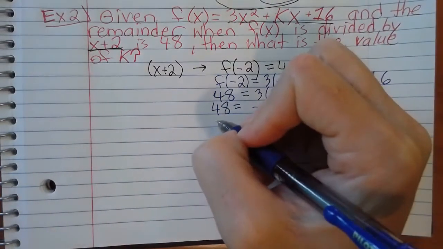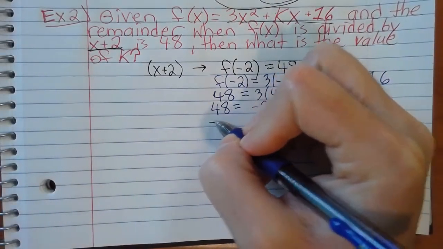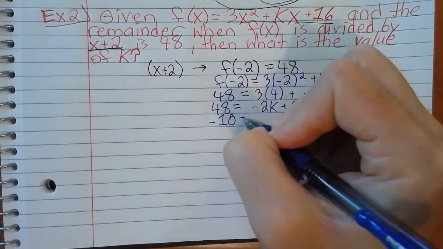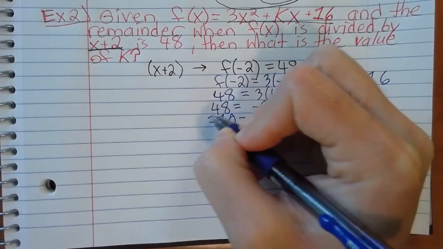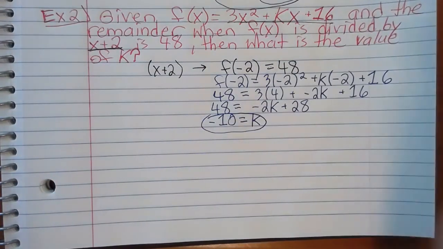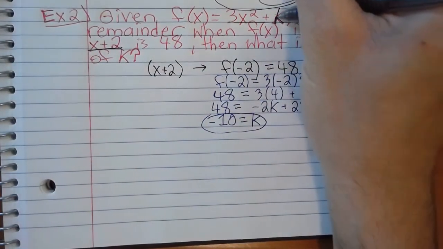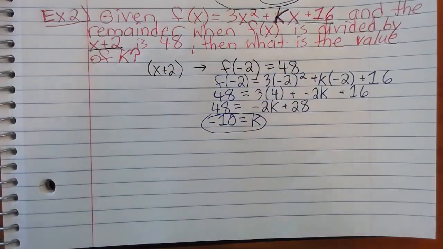And if we solve for k, we end up with negative 10 equal to k. And that is the missing coefficient that we were asked about at the beginning of this problem. And now we have learned how to use the remainder theorem to solve for a missing coefficient or constant within a polynomial.